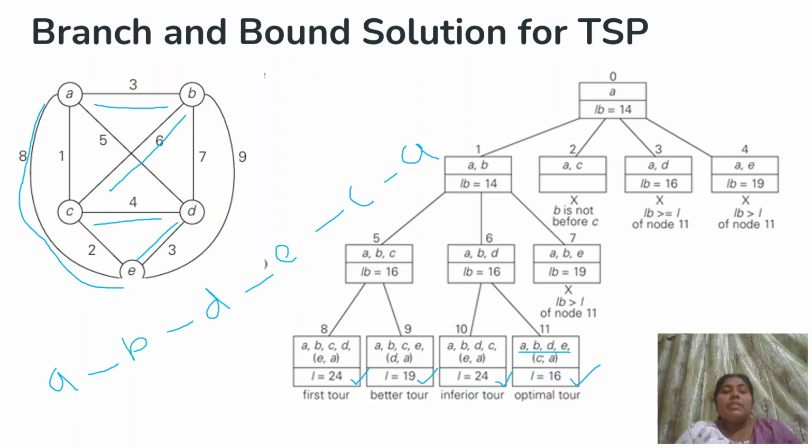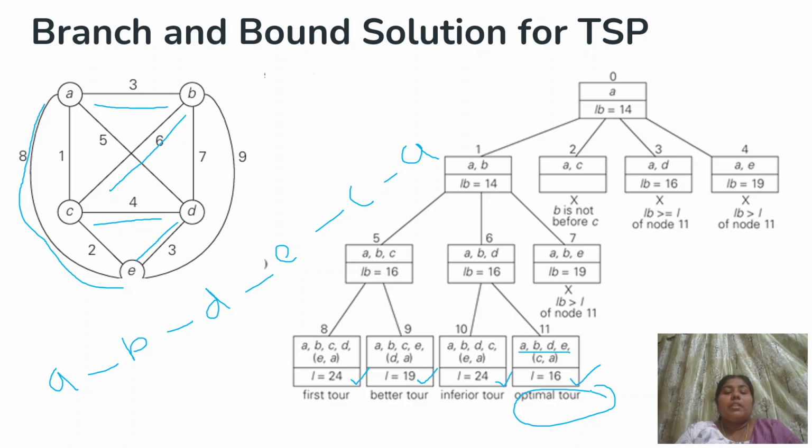That is equal to 16 only. Comparing, first one we have 24 here, here we have 19, here again 24. So among these, this one is the better one. That is called the optimal solution. This is the best solution, the optimal solution.